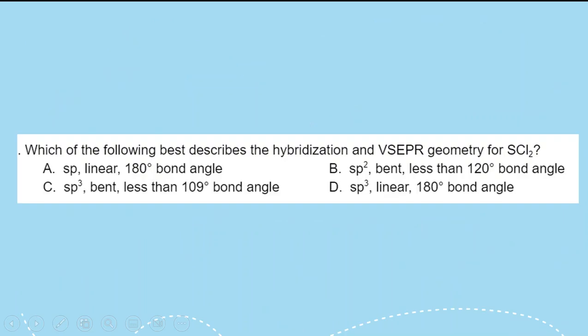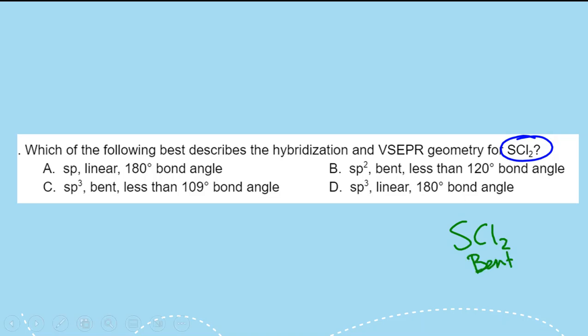All right, so first question here. This looks like a basic knowledge one, but which of the following best describes the hybridization and VSEPR geometry for SCl2? Now, if you can't just recognize it quickly from our formula, I can tell you right now, I know that this is going to be a bent-shaped molecule.